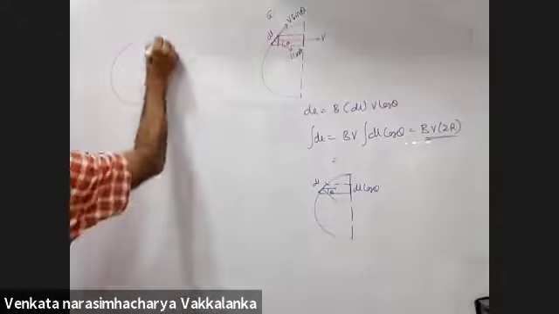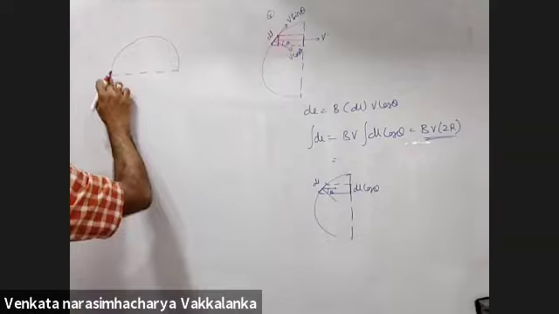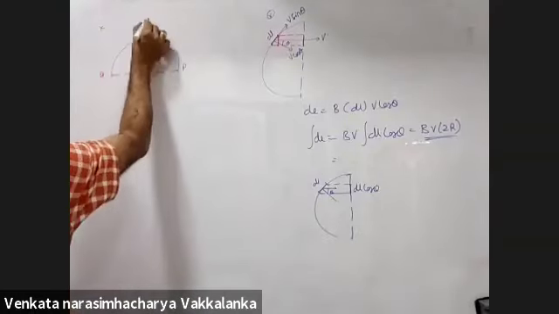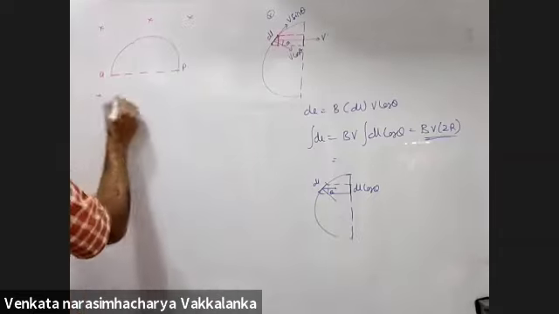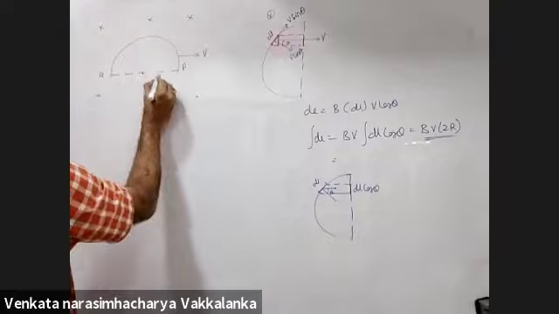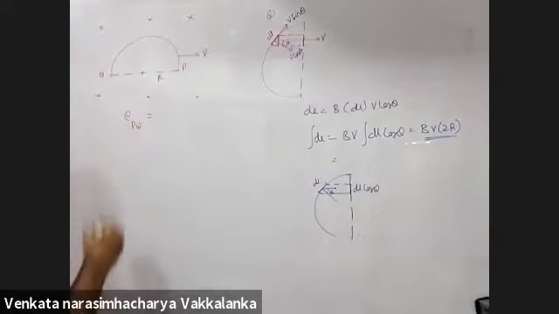Motional EMF across PQ when placed inside a magnetic field, and this is moving this way with the velocity v. What is the EMF across PQ?